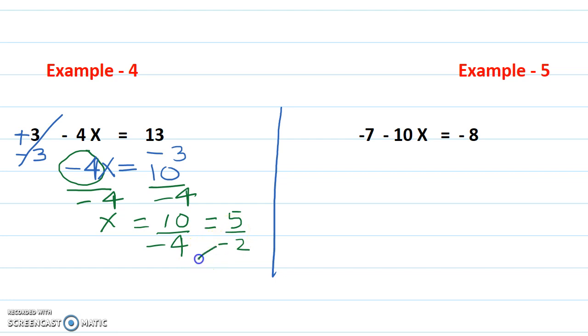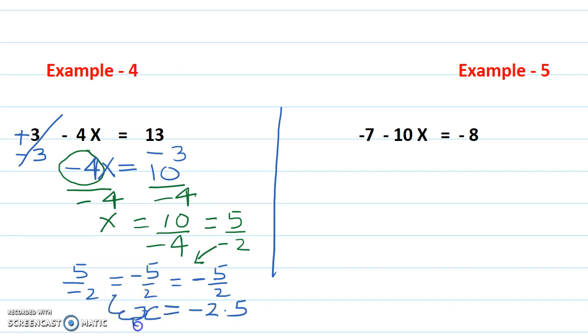For your information, it hardly affects your working whether you write 5 over minus 2, or minus 5 over 2, or minus in the middle, 5 over 2. All three are the same. In all three cases, you are getting minus 2.5. So your answer for this example is x is minus 2.5.